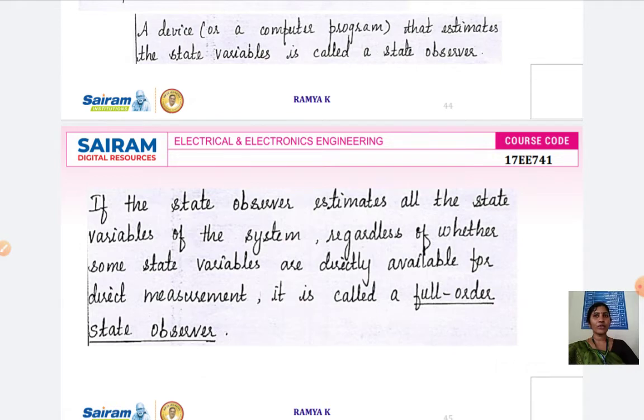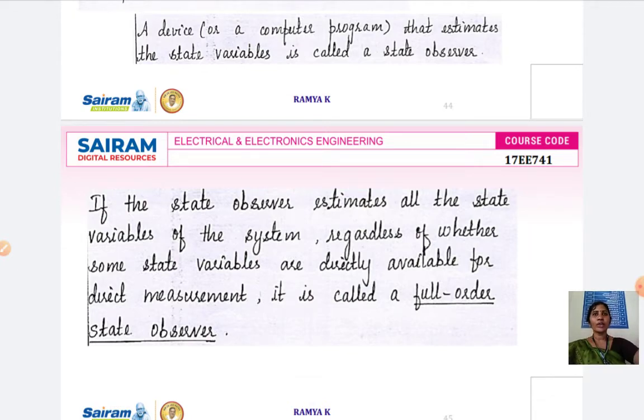Whereas in the reduced order state observer, if accurate measurements are available for certain states, we estimate only the remaining states, and the accurately measured signals are used directly for the feedback. Whatever signal we obtain through calculation or estimation has to be used in the feedback just to correct the error. This resulting observer is called the reduced order state observer.